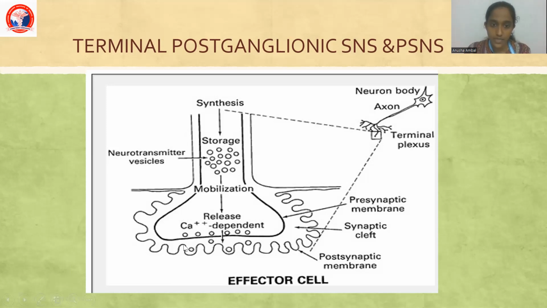So this is the synaptic cleft, this is the effector cell. Synthesized, stored, mobilized, calcium-dependent release, passes through the synaptic cleft, enters the effector cell. After entering the effector cell, it will show its action, whatever it is destined to do.